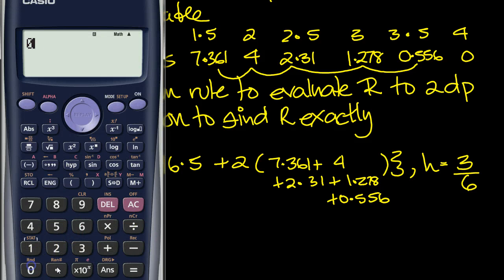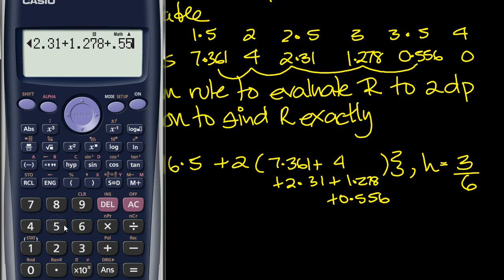So we just need to tap that in the calculator now and work it out. We had a quarter, which is 0.25 on the left, times bracket, and then it was 16.5, wasn't it? Plus 2 times bracket. 7.361 plus 4 is 11.361, so I'm going to put that in straight away as those two numbers combined. Plus 2.31, plus 1.278, plus 0.556.